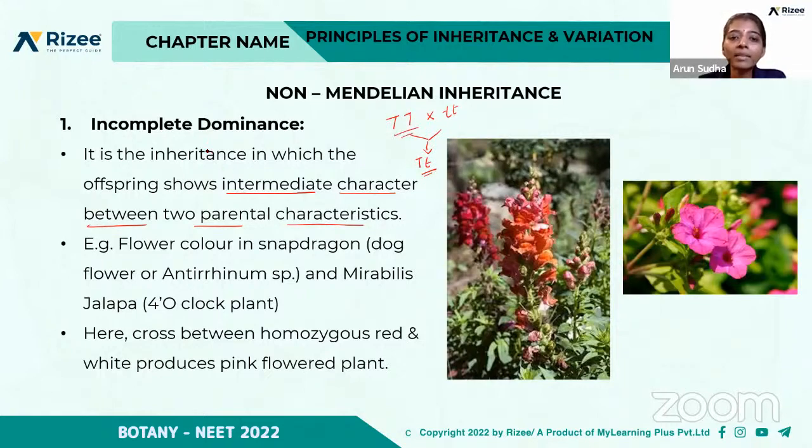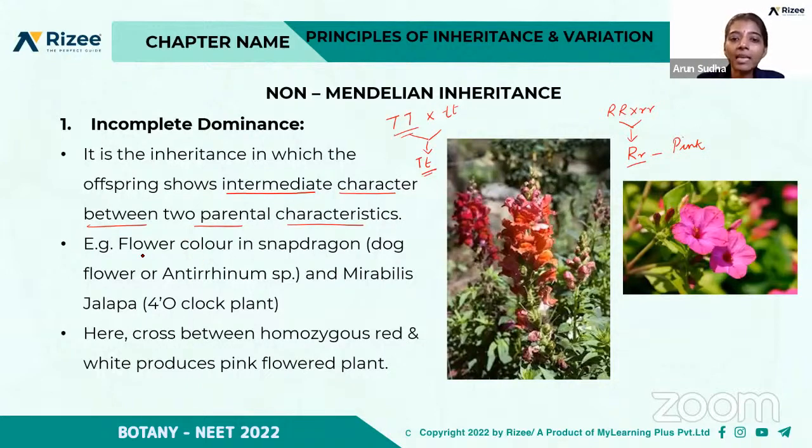But in incomplete dominance, the offspring shows the intermediate character. When we cross red with white flower, we get the heterozygous type, but it is not red, it is pink. Okay, the flowers obtained will be pink.